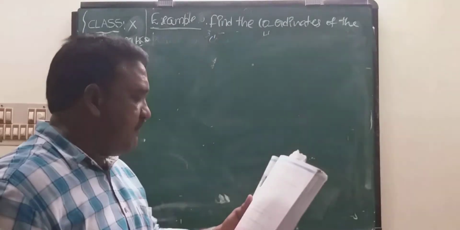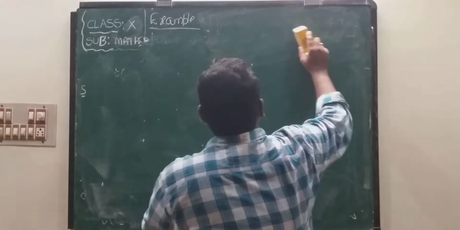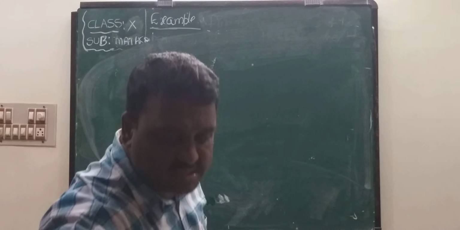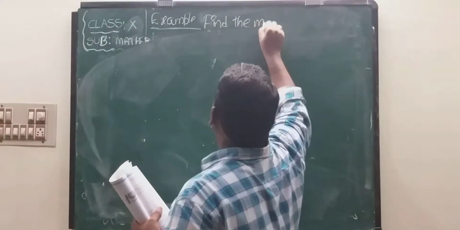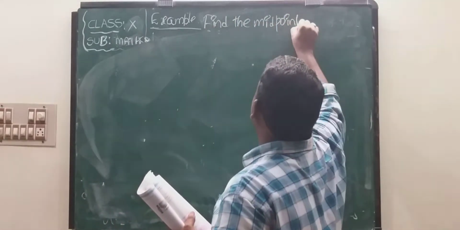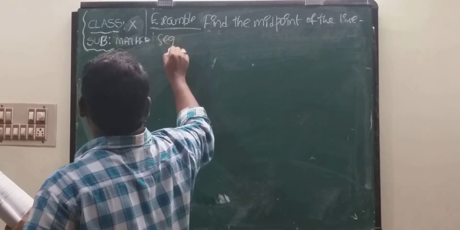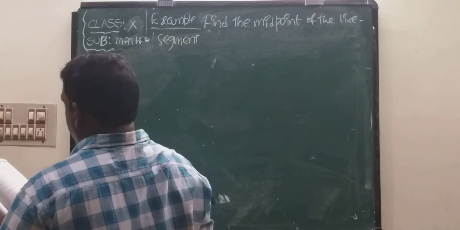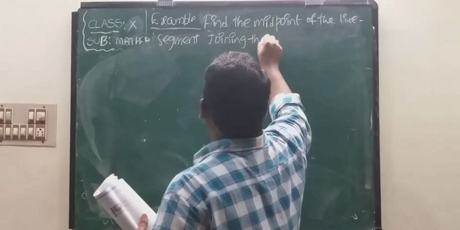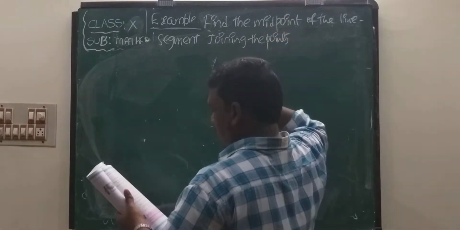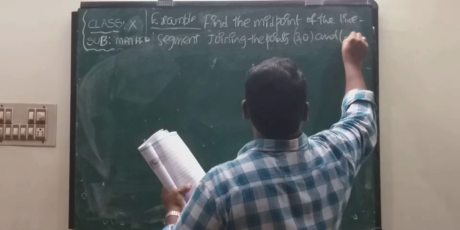Example 11: find the midpoint of the line segment joining the points (3, 0) and (-1, 4).